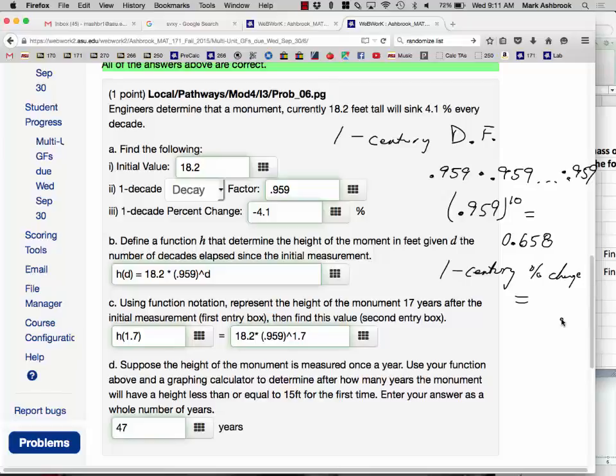How'd you get it? So you do 1 minus this number here, which is 0.658. Nice and loud. 0.342? Yes. So therefore the 1 century percent change is 34.2%.